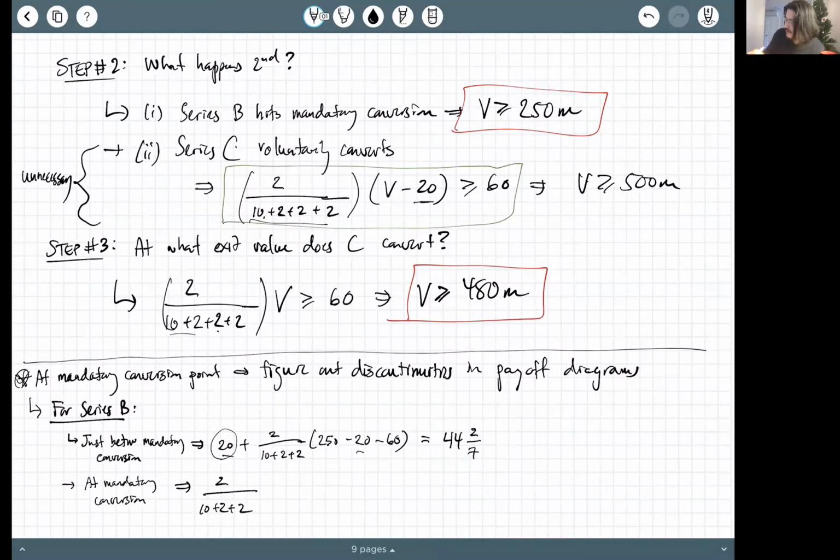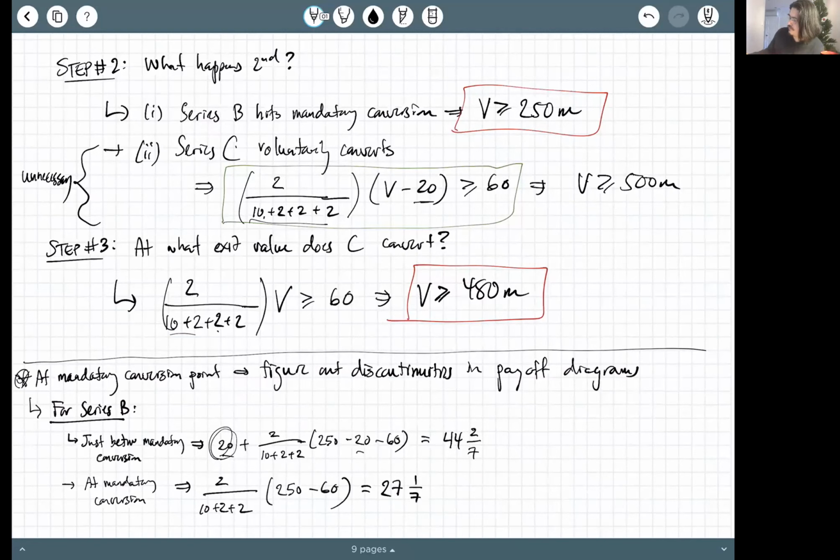But notice now, because this liquidation preference disappears, common equity is worth more as well, because you don't need to pay out that 20 first. So they own 2 out of 14 of now 250 minus 60, because you don't need to pay the 20 to Series B anymore. And so if you do the math here, you get 27 and 1/7.